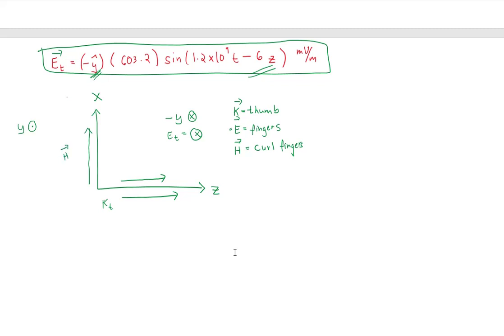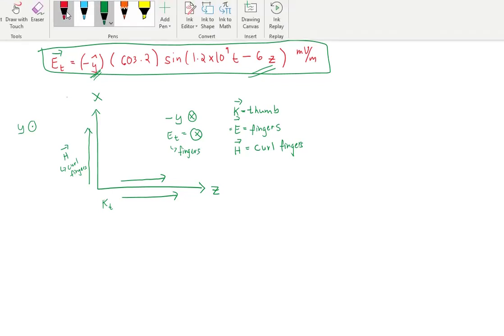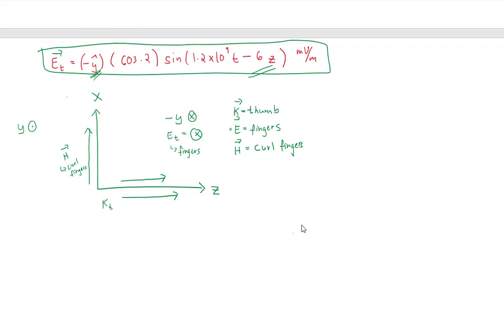So that is our H, which is curl fingers. This is just fingers. So we know that H of t has a direction of positive x, right? So let's write down H of t. The direction is just x hat.